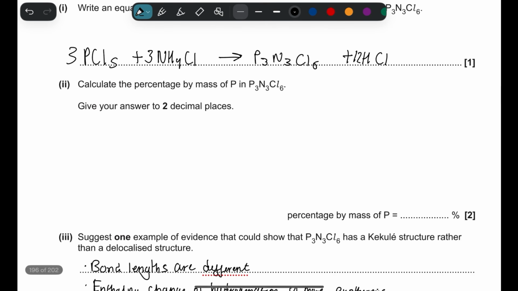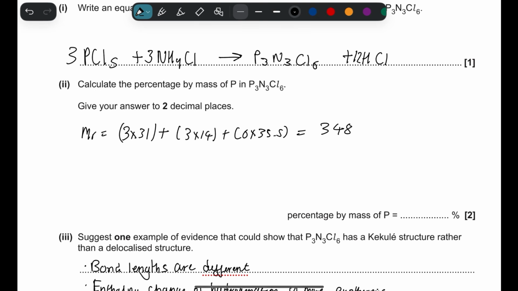Happy with this. Now, for the percentage by mass of phosphorus in this compound, I need to know the Mr of the compound, yeah? So if we work out the Mr, we're doing 3 times 31 plus 3 times 14 plus 6 times 35.5. And my total is going to be 348, yeah?